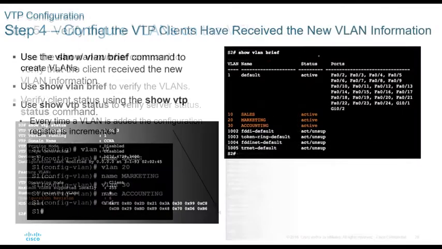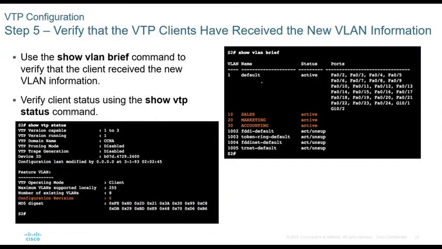Let's proceed. Alright, so after you've entered all the VLAN info on the server, it's now time to check if your clients, the switch clients, were able to accept the advertisement from the switch VTP server.